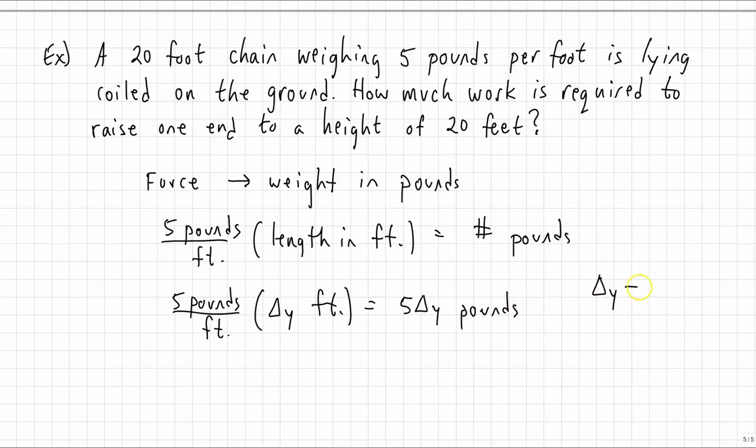Delta y is just the length in feet of a section of chain. Basically, take the entire chain and break it up into a finite number of little sections. Each one we'll call some change in y. We're lifting it straight up, kind of like the y-axis, so y just makes sense here as our variable.